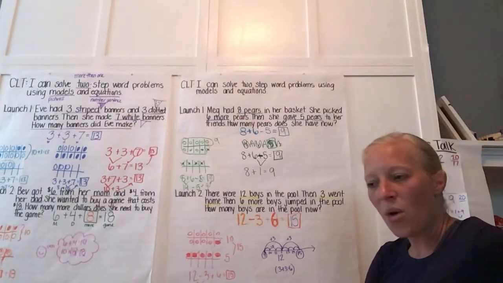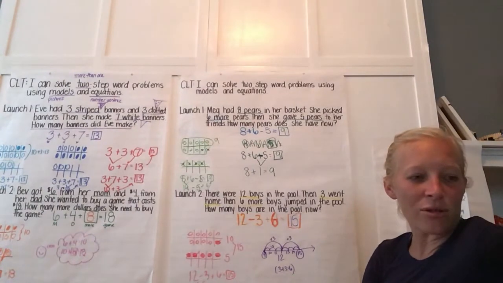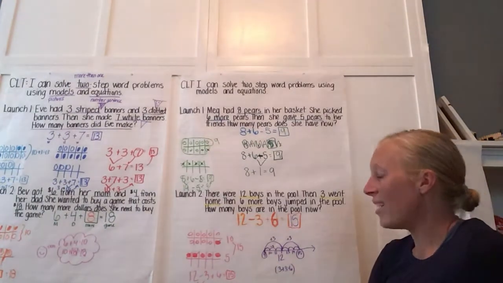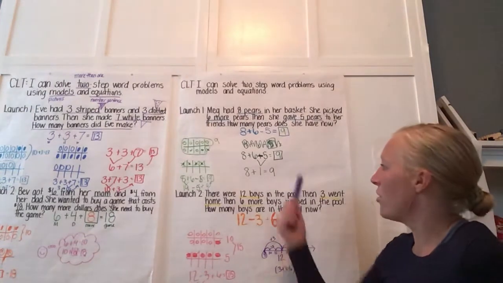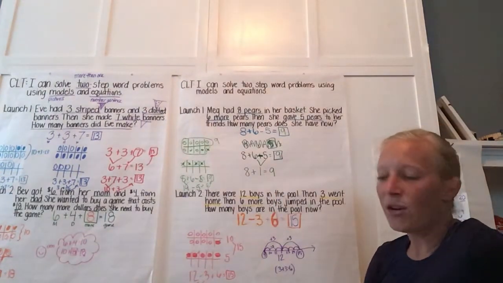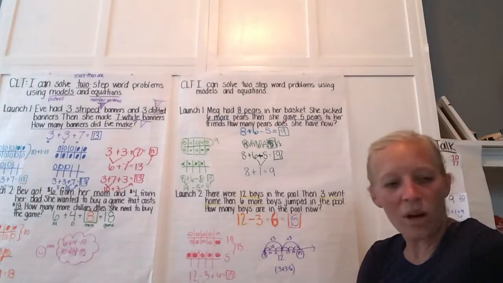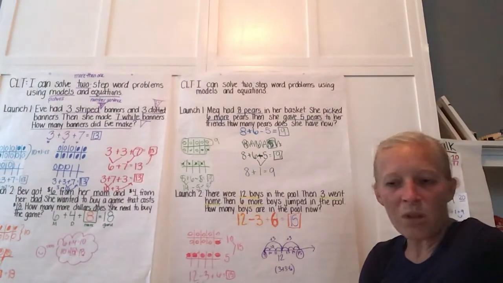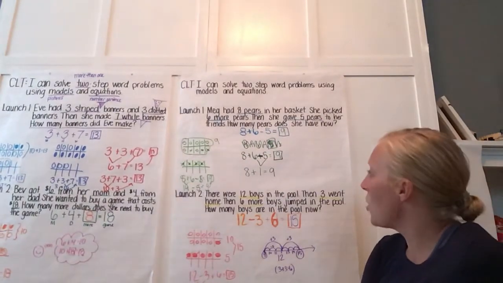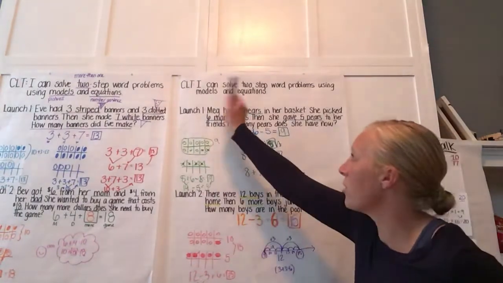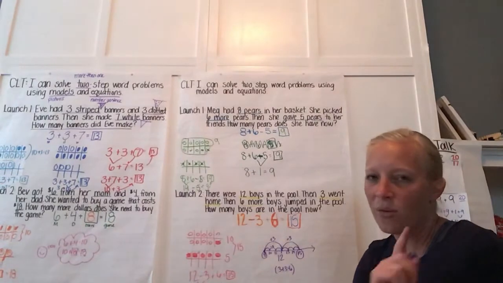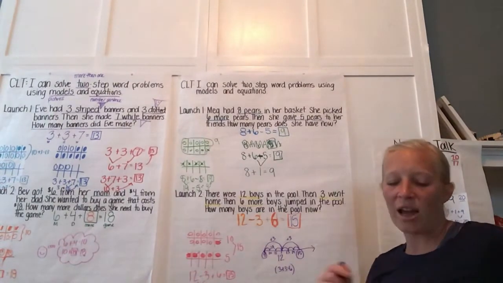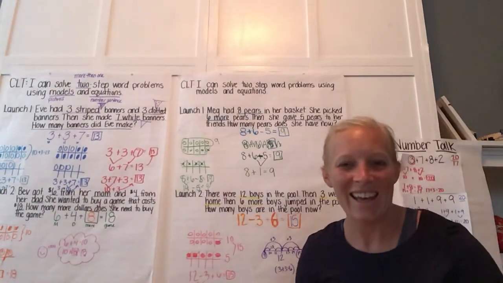So know that even if you're using those counters now, there are other ways to solve it. And know that if you're using a number line right now, there is another way to solve it. And if you're doing equations, there is more than one way to think about this work. So keep working, keep showing that thinking. Remember that our models and our equations working together help us solve these problems and prove our strategy and how we solved it. Happy solving!